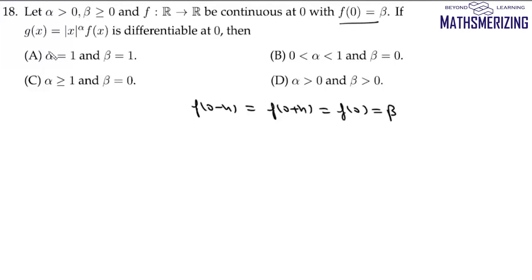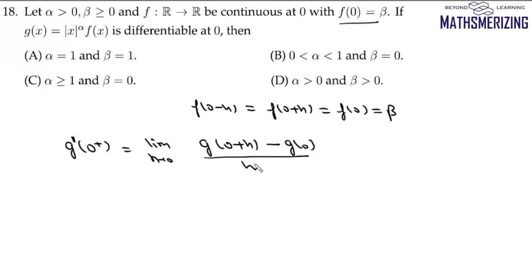Now for differentiability of gx, if we write g0 positive, it will be this limit h tends to 0, g 0 plus h minus g0 upon h. Now g0 is simply 0, so we can write this as limit h tends to 0.